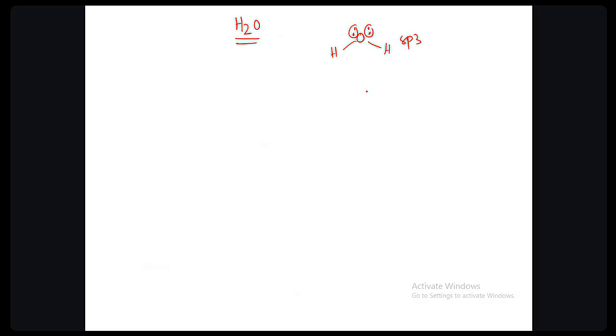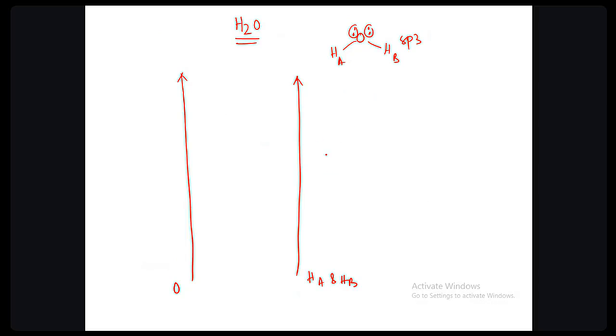So how is water formed? You have to know about that. Just look at the simple MO diagram of water. This is the oxygen atom and these are HA and HB, the two hydrogen atoms.